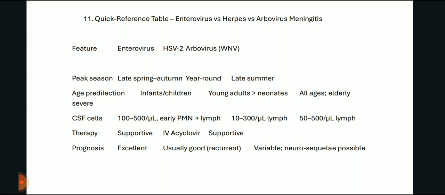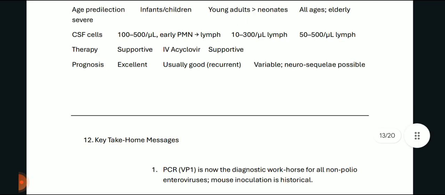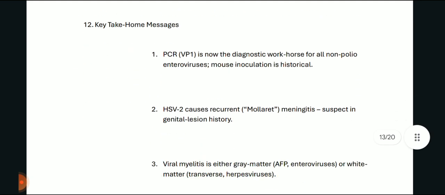The therapy is supportive for enterovirus, acyclovir therapy for HSV2, and again supportive therapy for arboviruses. Prognosis for enterovirus is excellent. For HSV2 it is usually good, but it can recur. And for arboviruses, it's variable. Neurosequelae are possible even after treatment.